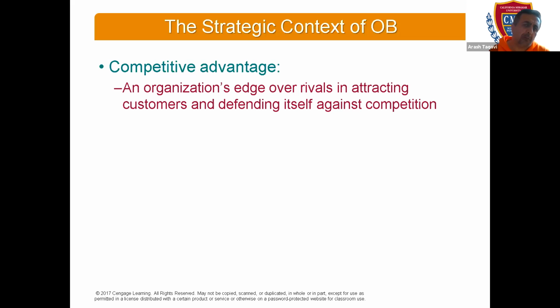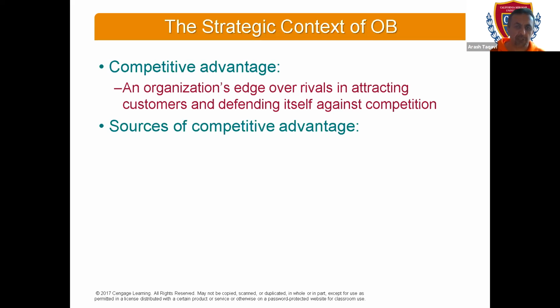Edge, rivals, and competition. Why? Because attracting customers and defending itself are all in one word, competition. It is the elaboration of competition. And what is the meaning of edge over rivals? About the advantage. We say competitive advantage: an organizational edge over rivals in attracting customers and defending itself against competition.